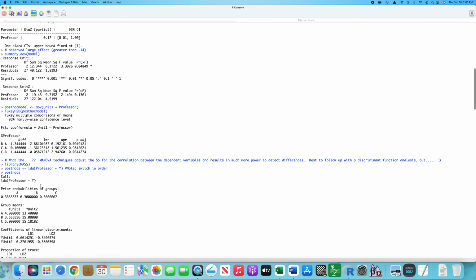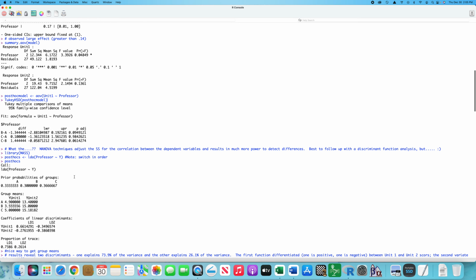So the next thing I want to do is dive into the post hocs a little more, and I load the MASS package, and I conduct what's called a discriminant function analysis. Now, notice when I conduct that there's a switch in the order.